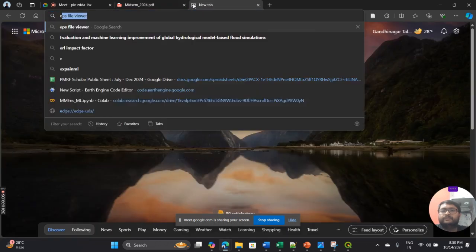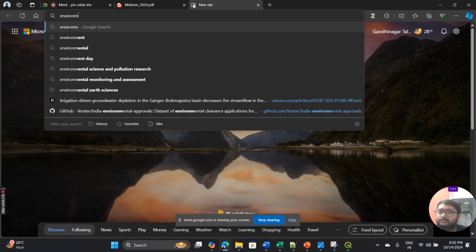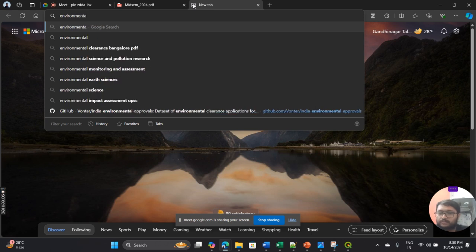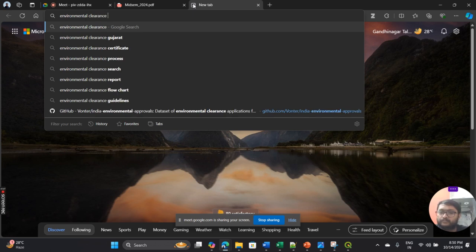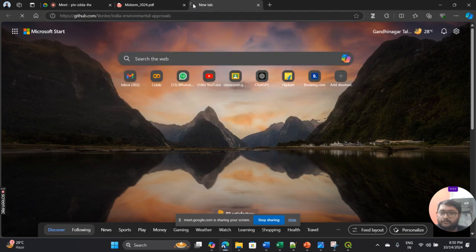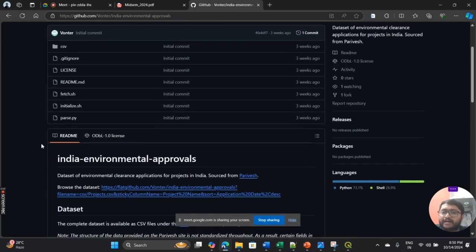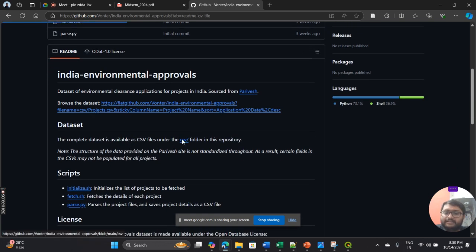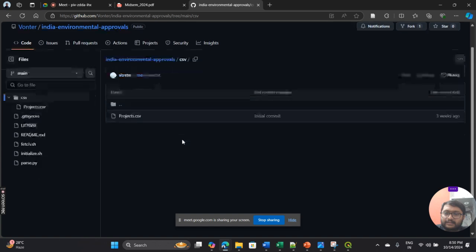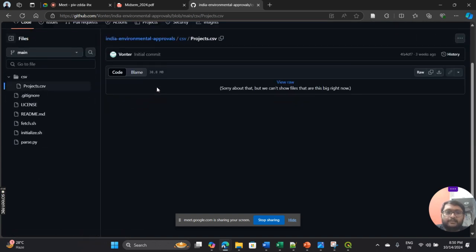If you see any kind of environmental clearance, there is a page on GitHub which has digitized all the environmental approvals from the government portals, and they have given the CSV file for all the approvals. This file is big, we can download it.